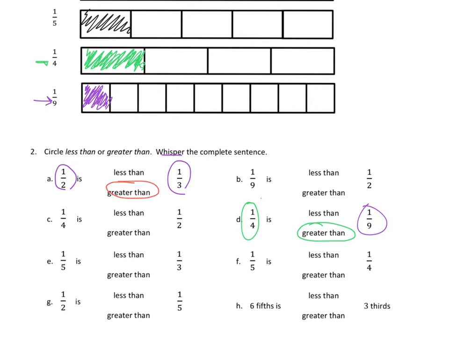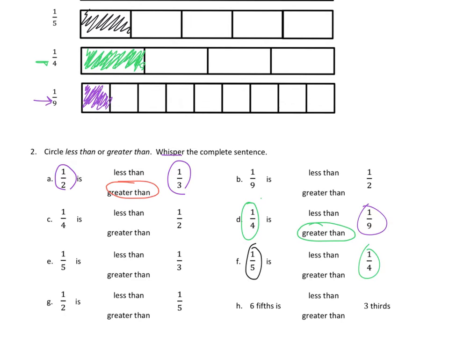We'll take a look at the last one that I'll go through with you, and that's going to be F. So I have 1/5 and I have 1/4.